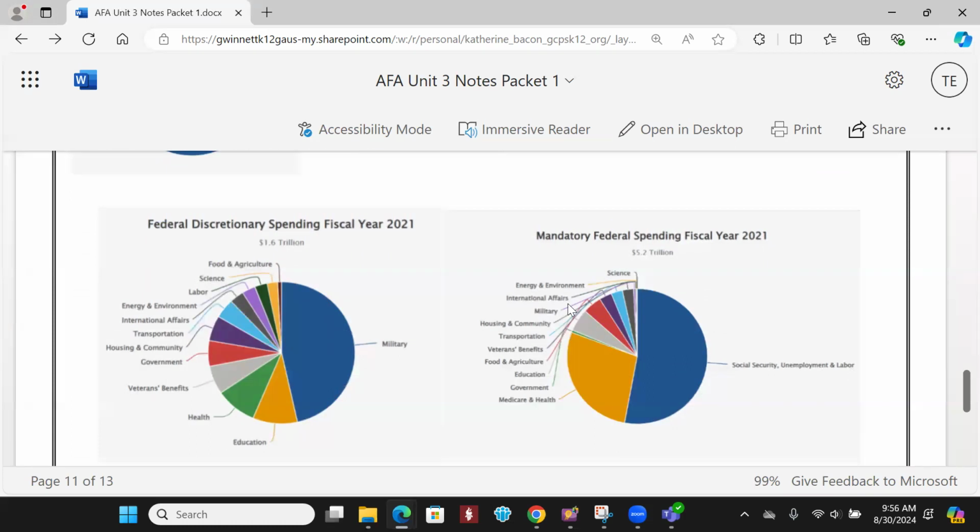Are any of those surprising to you, or does that seem pretty realistic? This seems like what keeps our world spinning. Now, discretionary has kind of the same categories, but they can give a little bit more money in specific places. So in 2021, were we in a war in 2021? Were we?